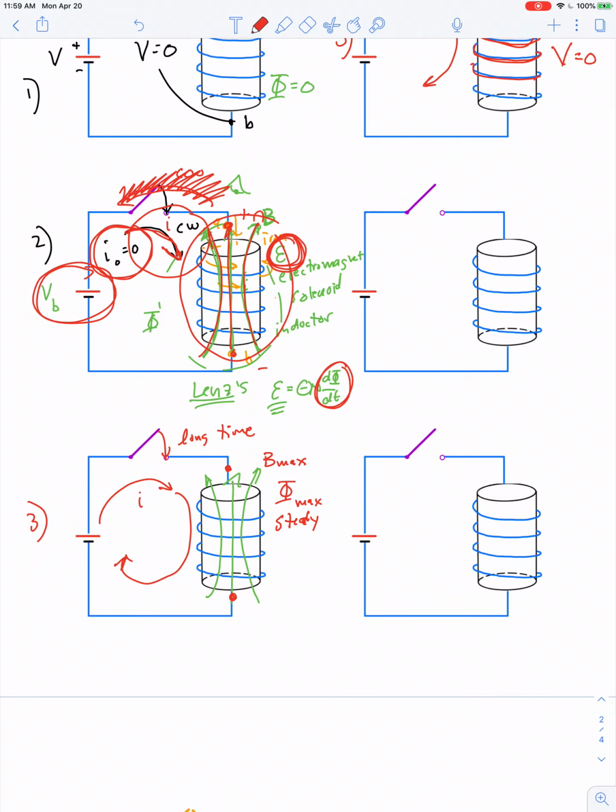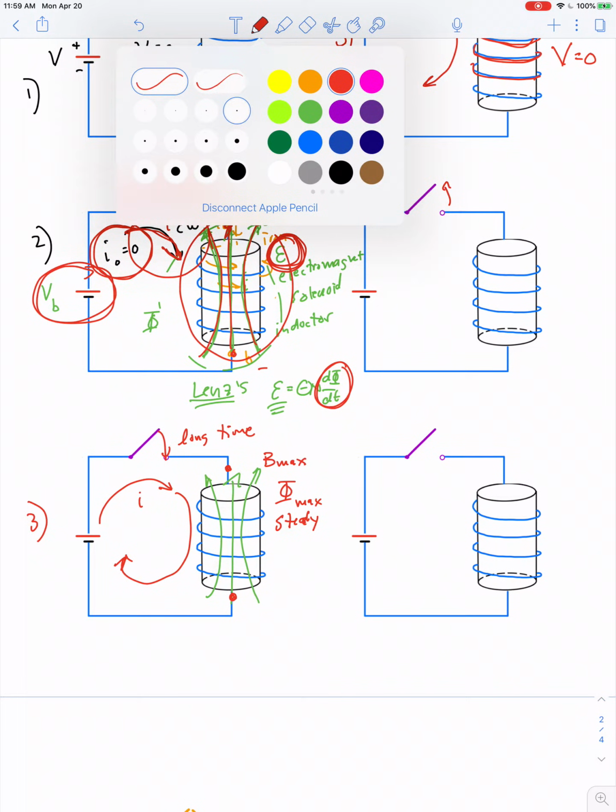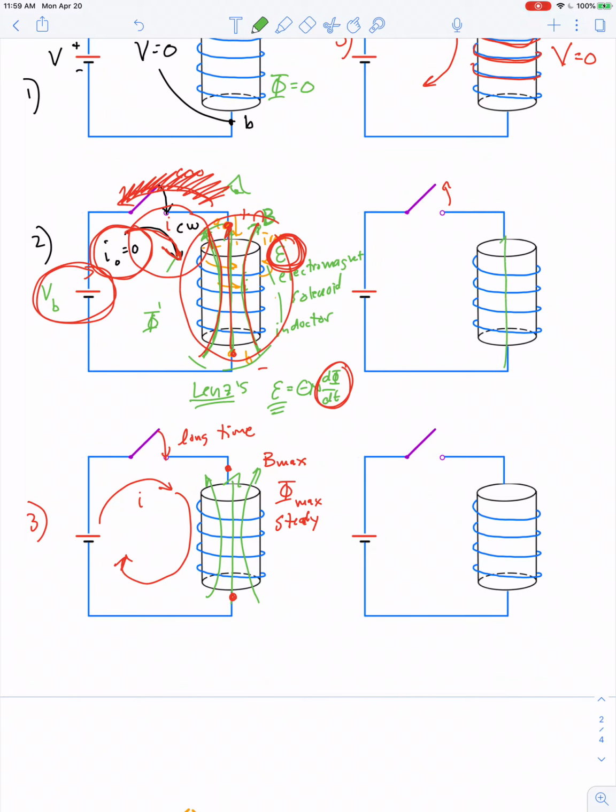And now we suddenly throw the switch back open. So these magnetic field lines that had built up and reached their max value are still here, but if you open the switch, they're going to want to suddenly disappear. But they can't disappear in an instant because of Faraday's law and Lenz's law.